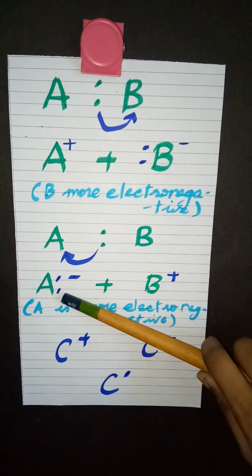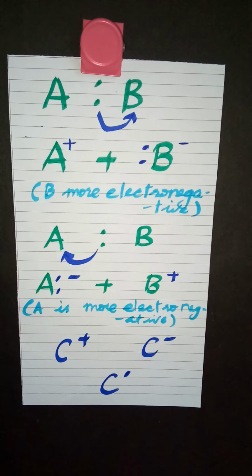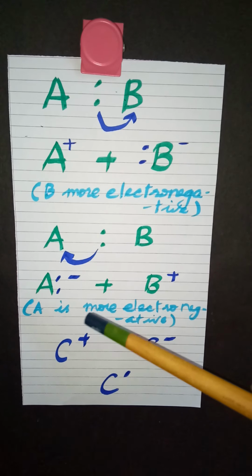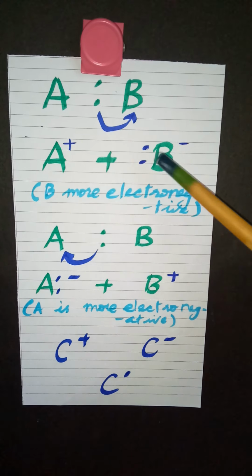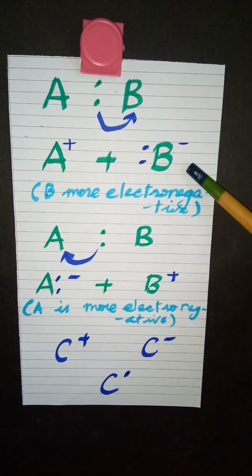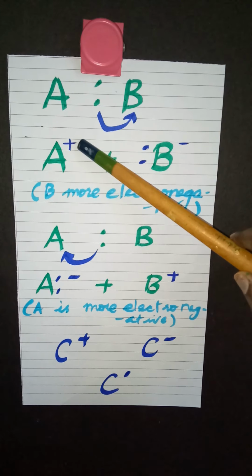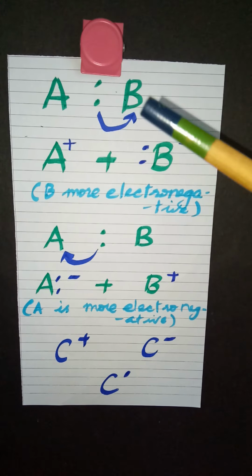If this A is a carbon, then carbon with a negative charge is again a carbanion. If this is your carbon, which means carbon is bonded to a more electronegative atom, then the other atom will go with both the electrons and carbon will carry a positive charge. When your carbon carries a positive charge, we call that a carbocation.